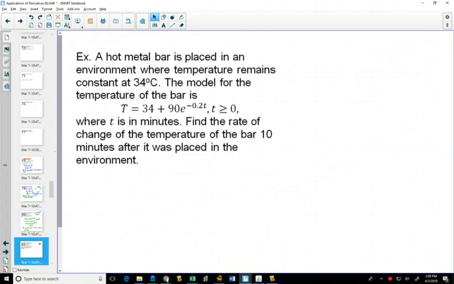All right. Hot metal bar placed in an environment where the temperature stays constant at 34 degrees, much like this classroom. Here's our model for temperature. T is in minutes. Find the rate of change of the temperature 10 minutes after it was placed in the environment.